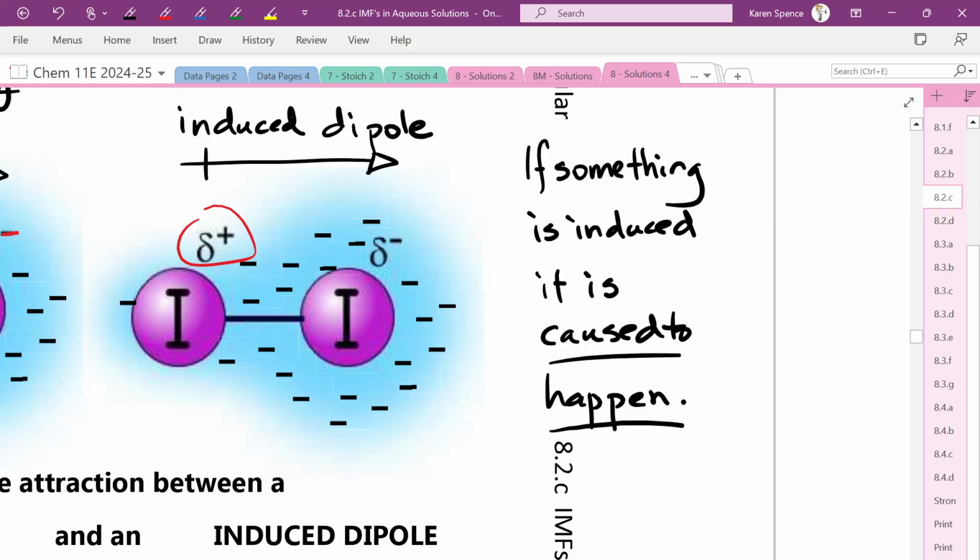However, the strength of these forces depends on the number of electrons present. Yes? Because if we've got iodine, we have 106 electrons. But if we have fluorine, F2 has only 18 electrons, right?